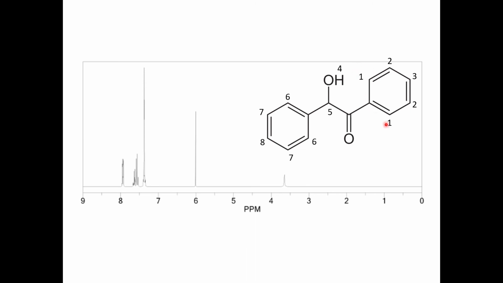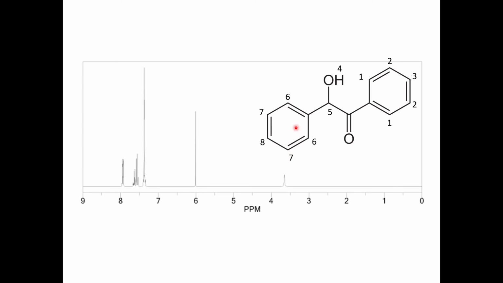So we have 1, 2, 3, 4 is our alcohol, 5 is our sp3 hybridized hydrogen, 6, 7, 8. So of these groups, we have 1, 2, 3, 4, 5, 6 that are part of our benzene rings.